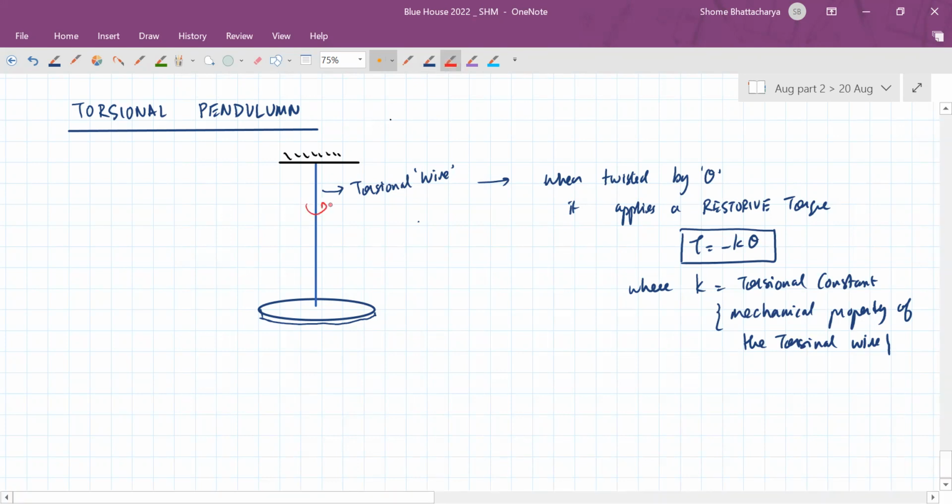So if you twist this through an angle theta like this, that wire on its own applies a torque like this, and that torque is proportional to theta. So that is the property of the torsional wire. You can think of the torsional wire as an angular version of a spring. Like when you displace a spring by x, it applies a force minus kx. So like that, when you give this an angular displacement theta, it automatically applies a restorative torque of minus k theta. Okay. Understood?